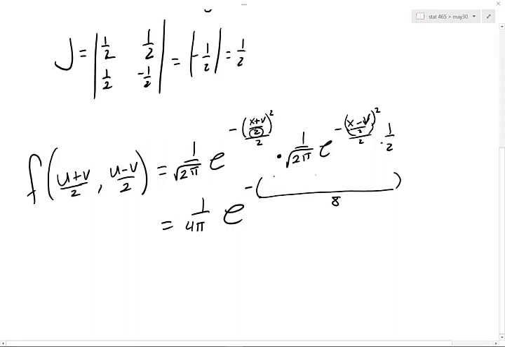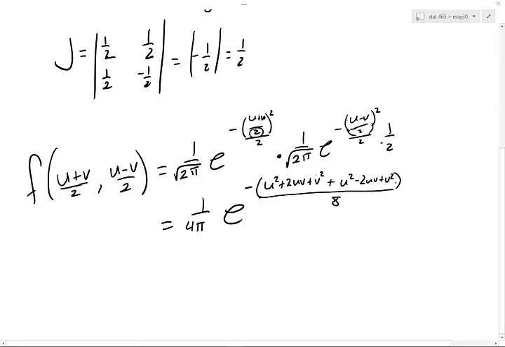And when we FOIL this out, you're going to get x squared plus 2xy plus y squared. No, it's not. It's u plus v, and this is u minus v. So I had it kind of right. And that's just gross. Try u squared plus 2uv plus v squared plus u squared minus 2uv plus v squared.